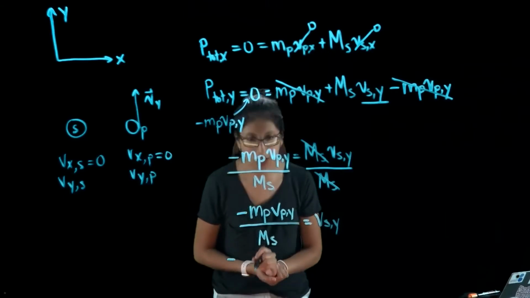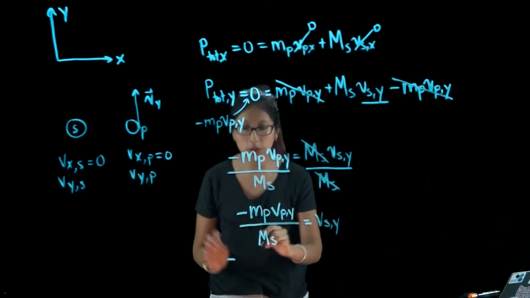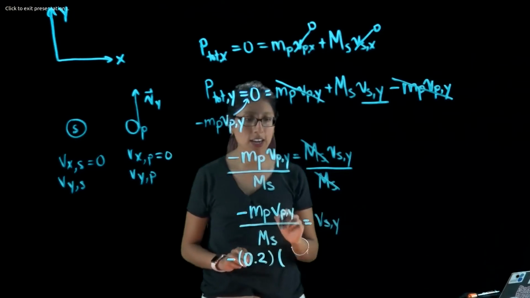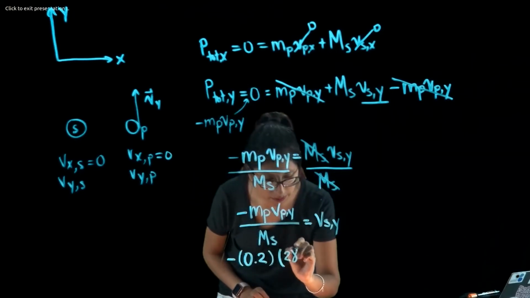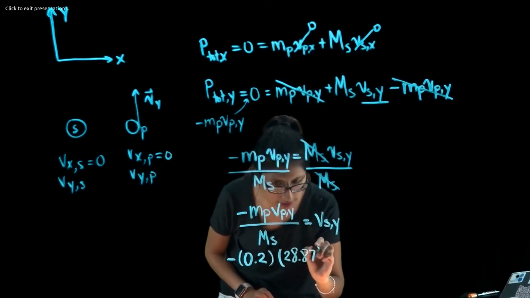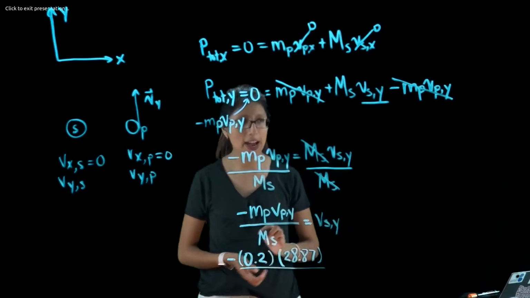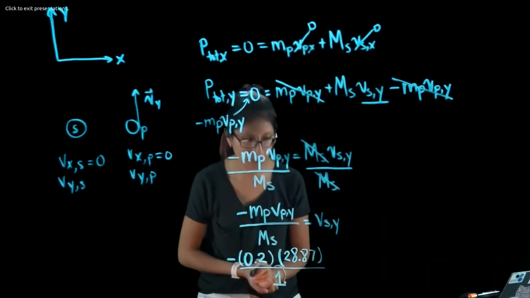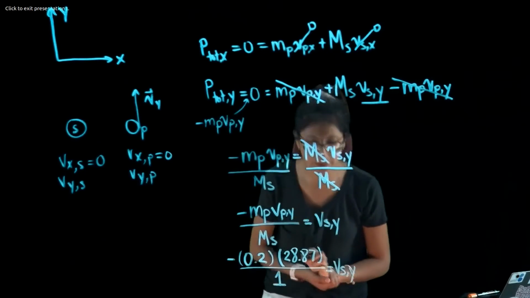And these values are the mass of the planet. If we look back in our code, we see that it's 0.2. And the velocity of the planet in the y direction is 28.87. And we're going to divide this by the mass of the sun, which is 1. And this is going to give us velocity of the sun in the y direction.